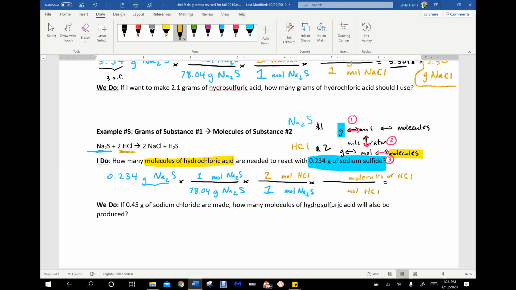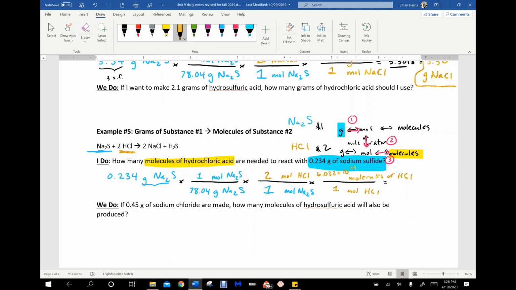Okay, and again, when we're using molecules, this is where Avogadro's number comes into play, which tells us that there are 6.022 times 10 to the 23rd molecules in 1 mole. So both molar mass and Avogadro's number are defined as being per 1 mole. Definitely make sure you've got your calculator on this one to make sure you're doing your scientific notation correctly.